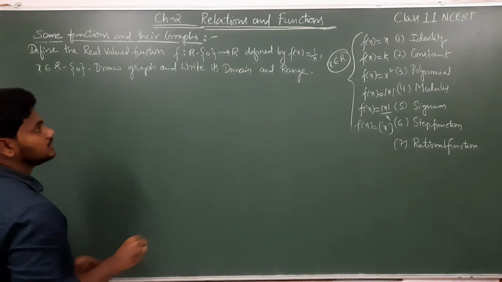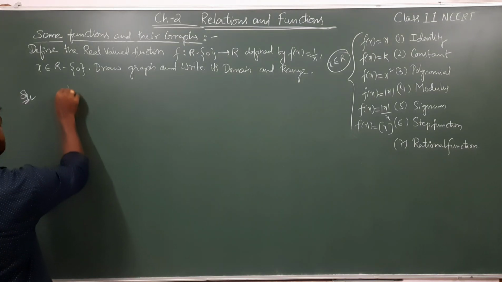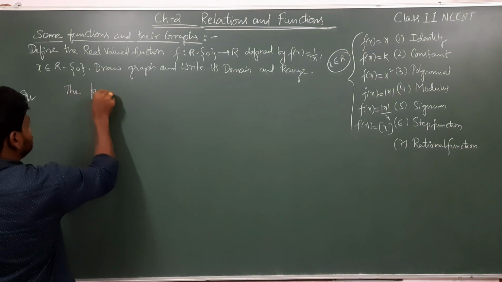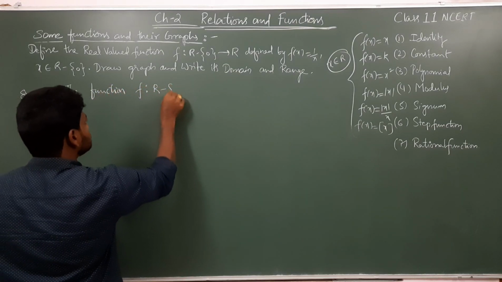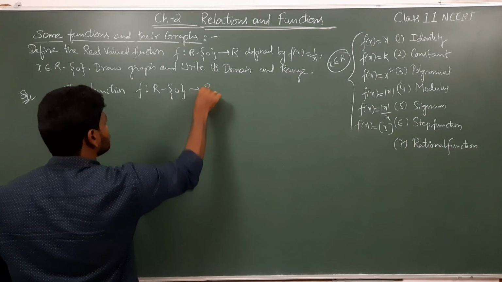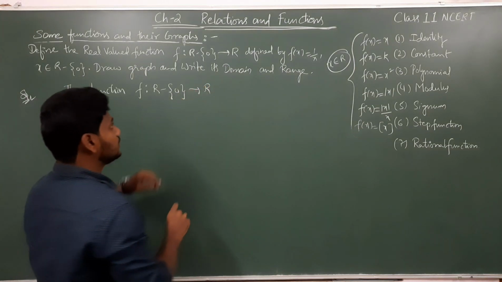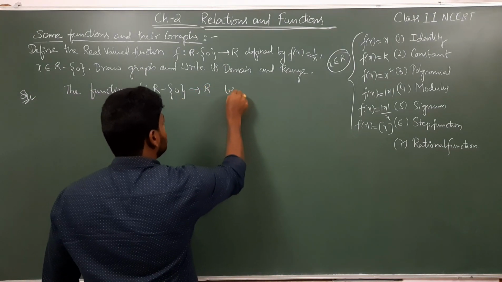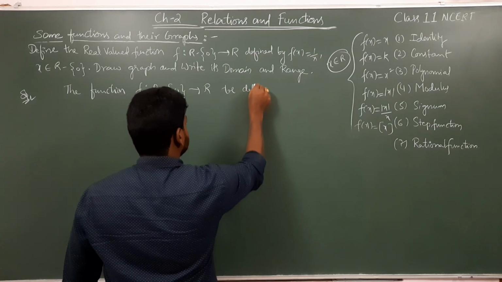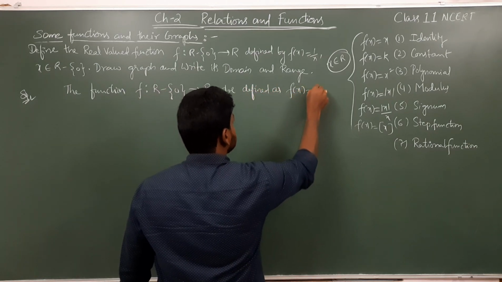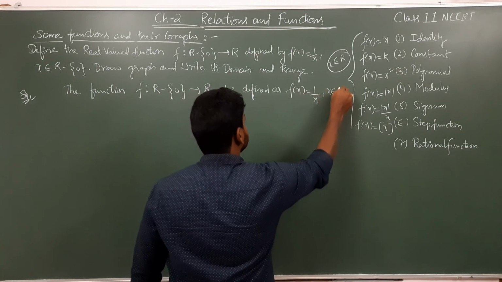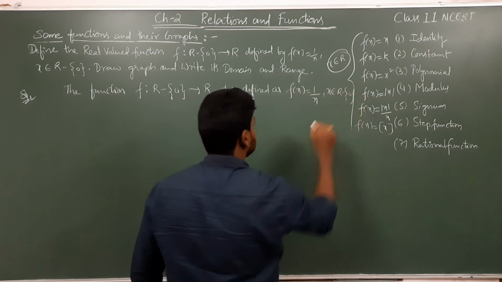First we will write a statement: the function f from R minus the set 0 to R, we define as f of x equal to 1 by x, where x belongs to R minus the set 0.